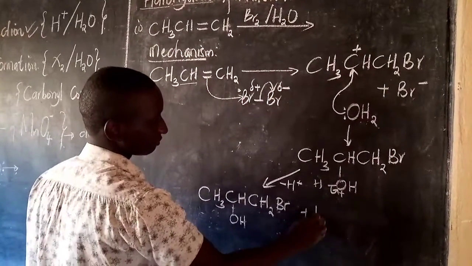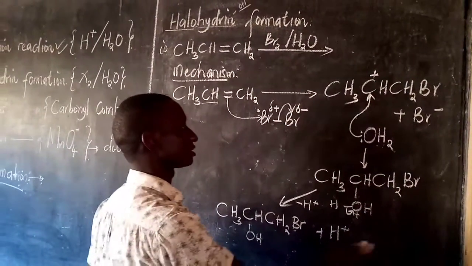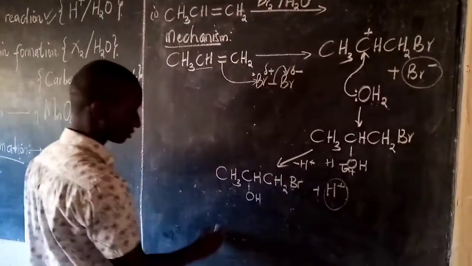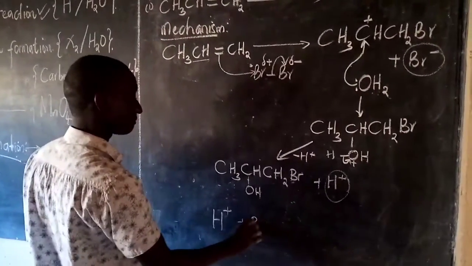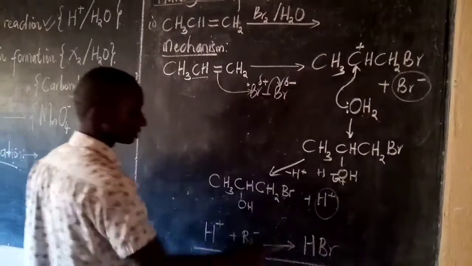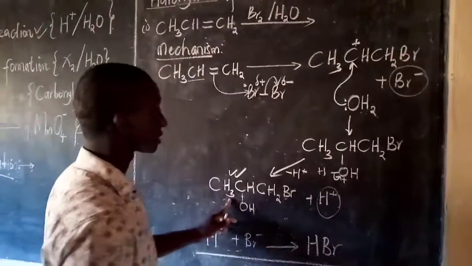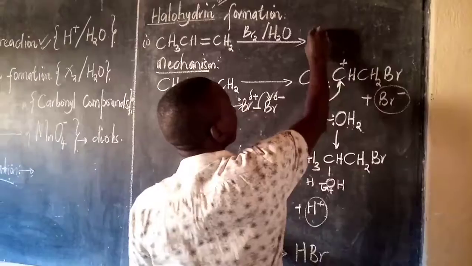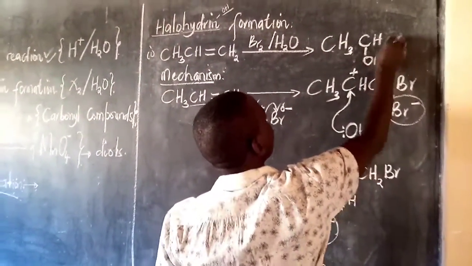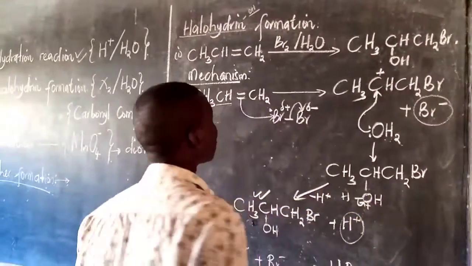Plus now what we have lost, this one combines with that one to give us hydrogen bromide. It's a minor product of what is coming out. But this is the key major product that has been formed. So pick it from there and bring it here: CH3, CH, OH, CH2, and then bromine. That's what we get.